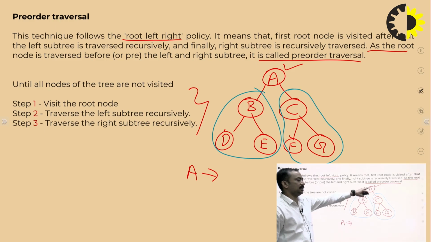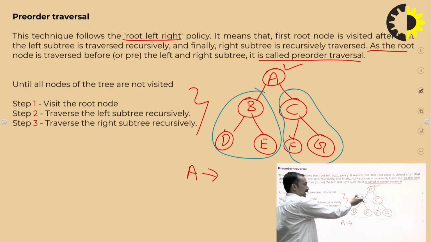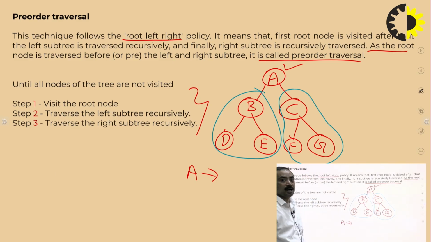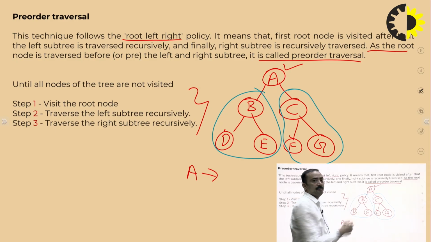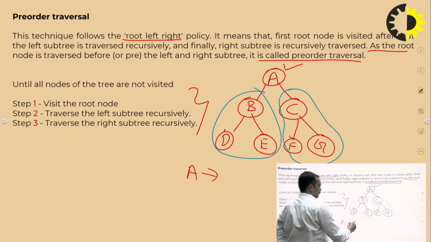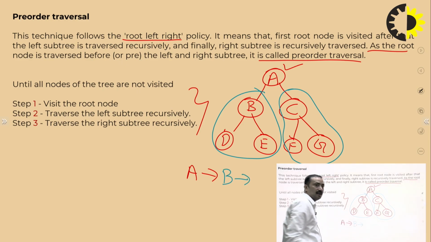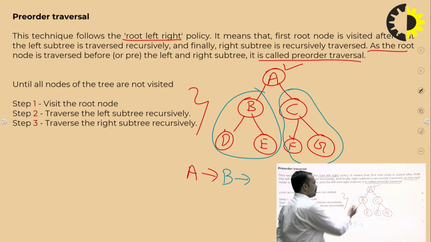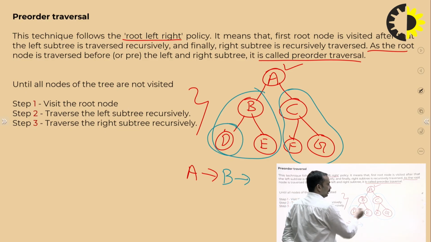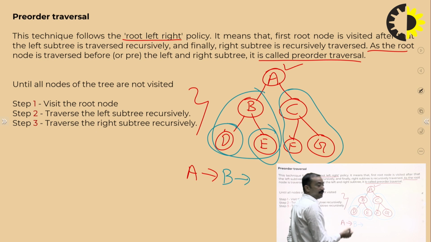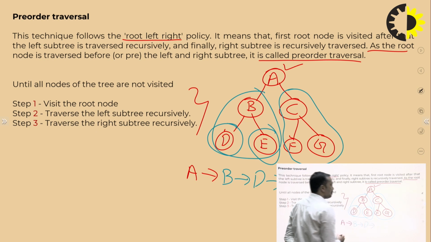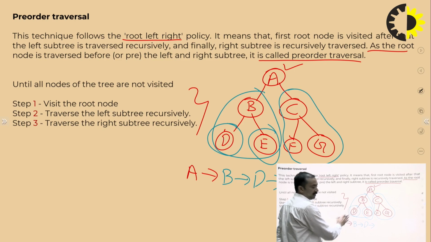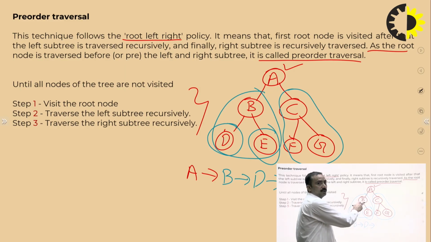Now we have to visit the left subtree of A. Here we have B, D, and E. Again, we visit the root node of this subtree, so B. Then the left subtree of B is D, so we visit D. D has left child null and right child null, so we go recursively back to the parent B; the left subtree is fully visited.